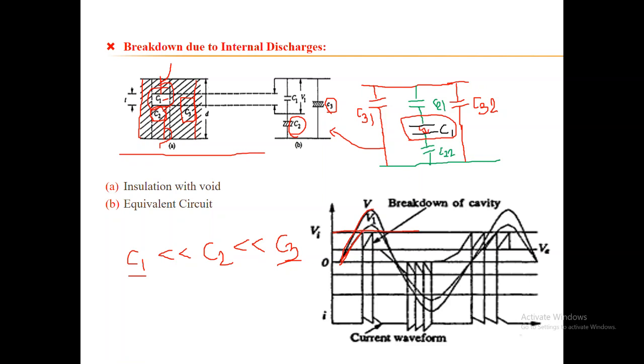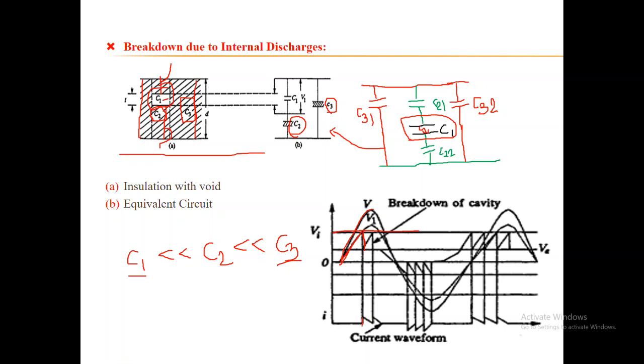As a result, the voltage across it will reduce, because as the discharge takes place, it releases the energy which it stored during the increase of the supply voltage. Because of the discharge of capacitor C1, you can observe a peak in the current value. Ultimately, the sparking between the two sides of the void is shorted.